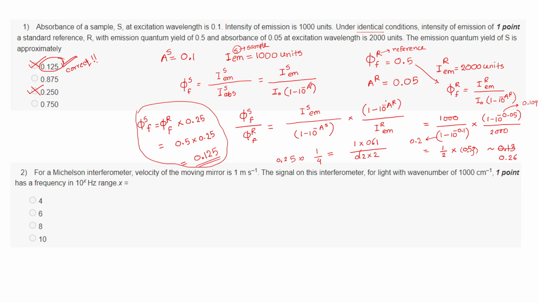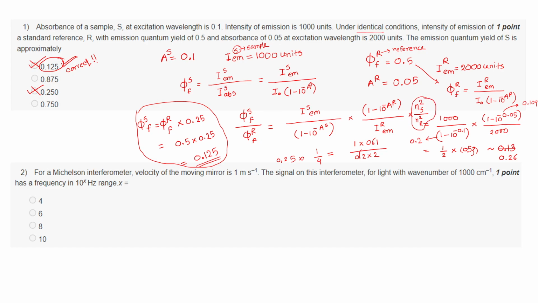But if you are going to do it in a different solution, suppose your sample is in ethanol but your reference is in water, then another factor comes in, that is the refractive index. That is the square of the refractive index of the solvent you are using for the sample and of the reference in its solvent. That part usually comes in when you don't use the similar solvent.